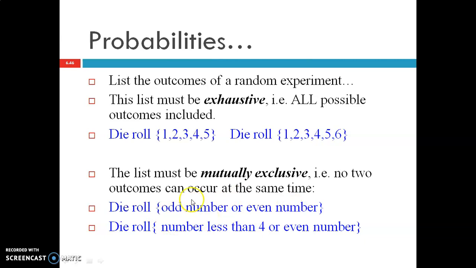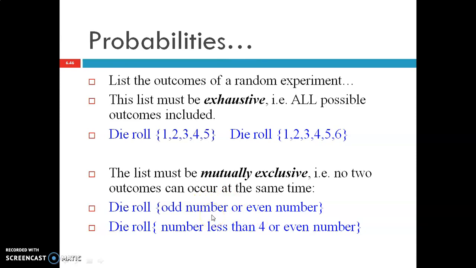So odd numbers after rolling the die will be 1, then 3 and then 5. These are the set of odd numbers. So in this case, the sample space with this condition will be, but here what they say, the die roll will give an odd number or even number.